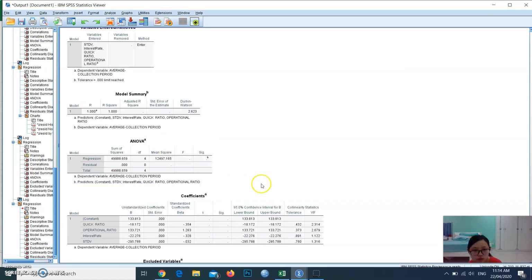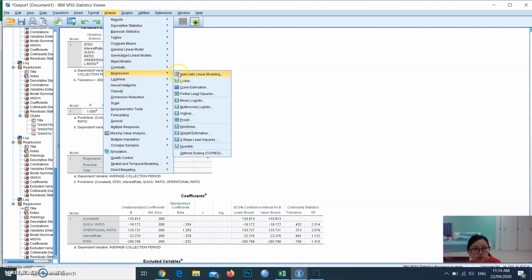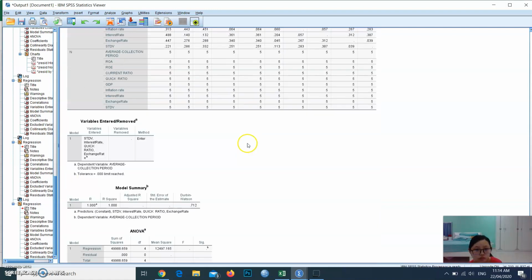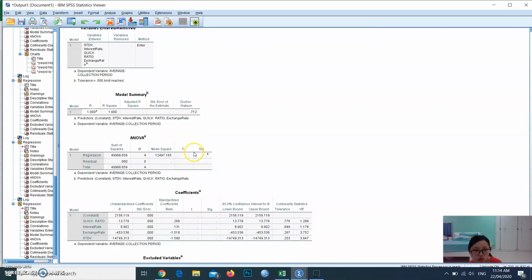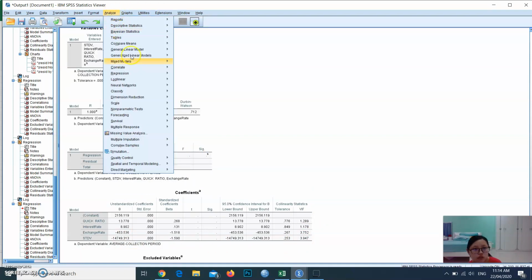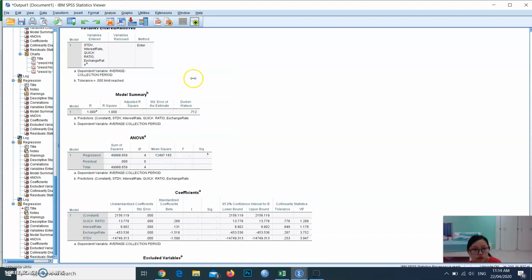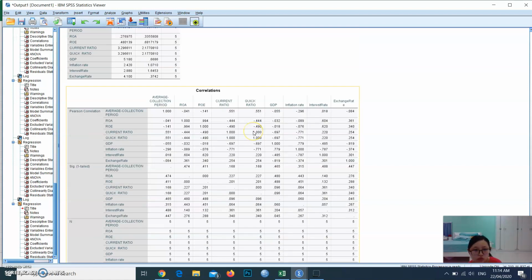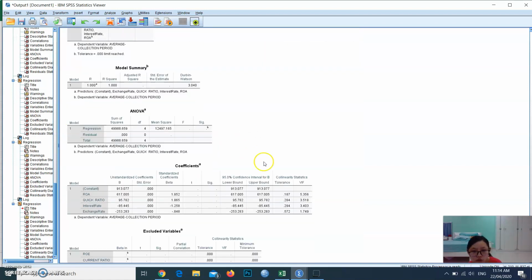Same, so keep removing. The highest one is operational ratio, so remove. Same, so keep removing. The higher one is STDV, so remove STDV. Same thing, so removing ROA again.